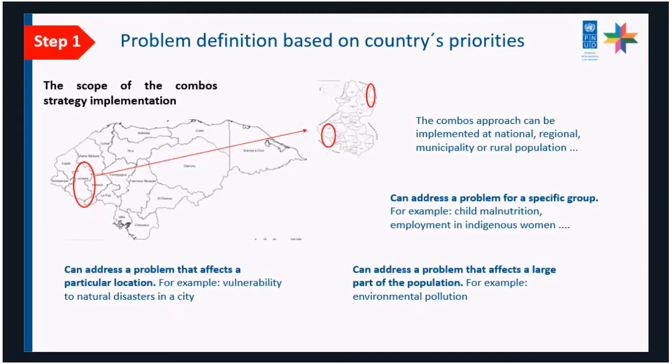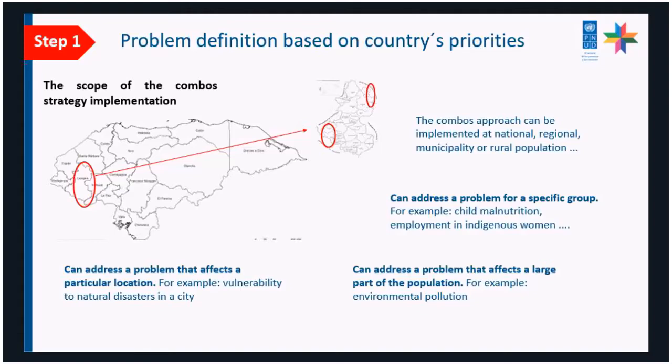It can also be only for the rural population, for example, or address a specific group. For example, in Honduras, as George was explaining, we have a child malnutrition combo for a specific, very poor region of Honduras. Also, a combo can be focused on employment for indigenous and Afro-descendant women.